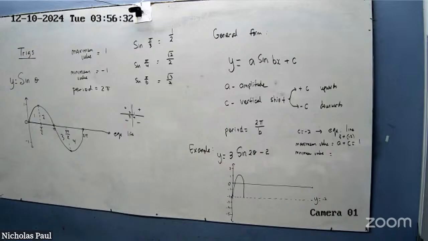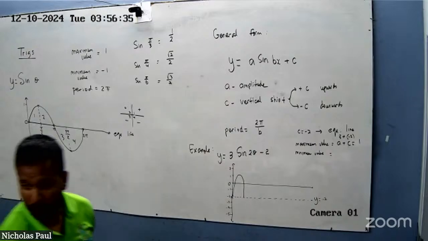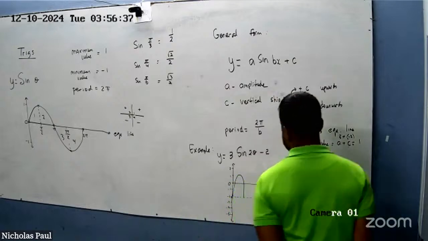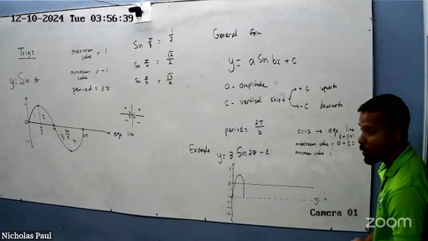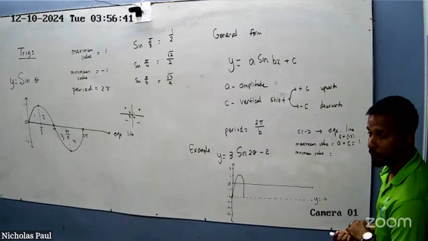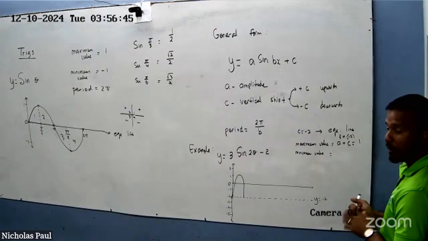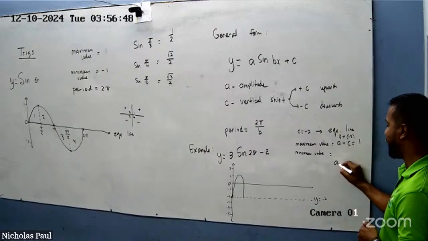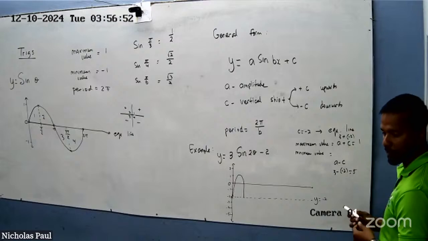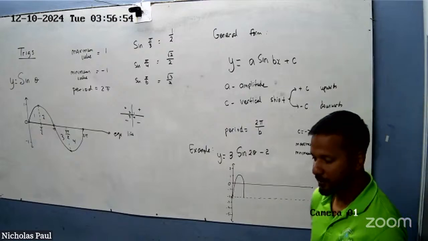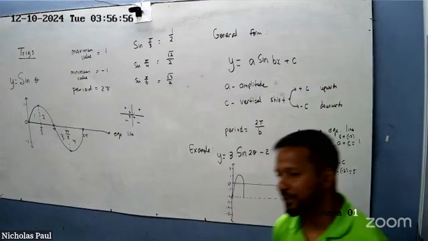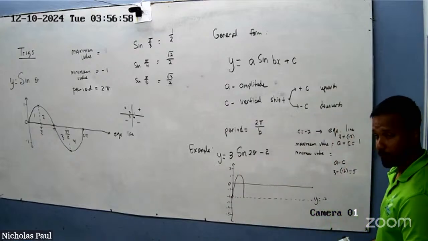A minus C. Think about it. So you're saying A minus C, right? A is 3 minus minus 2, that's 5. Oh, wait, no. Take time, take time. Yeah, A minus C.